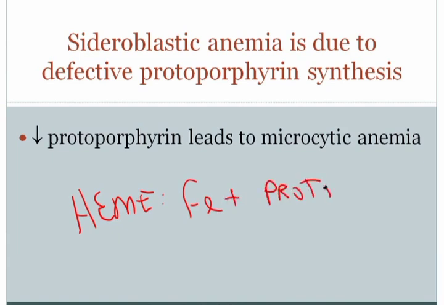If there is a disorder in the ability to produce protoporphyrin, then low protoporphyrin would result in low heme, and low heme would result in low hemoglobin, and low hemoglobin would then result in a microcytic anemia. So that's the paradigm that we've established.